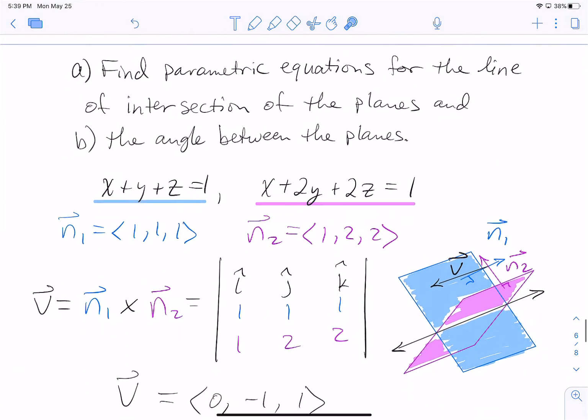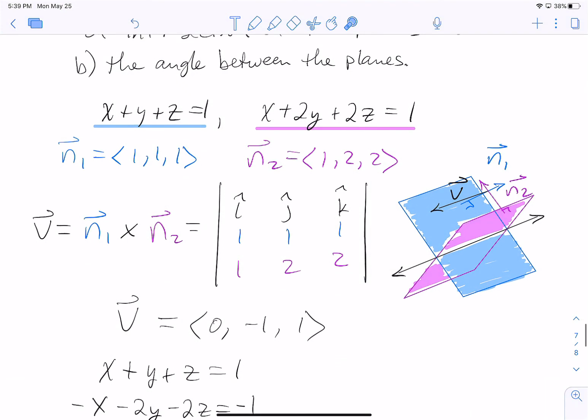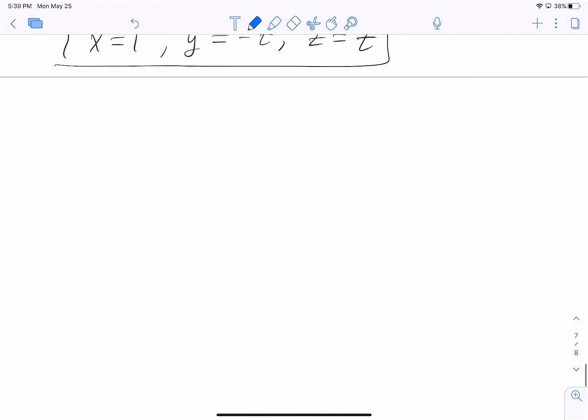Part B is the angle between the planes. Well, folks, the angle between the planes is going to be the same as the angle between the two normal vectors. And recall that the cosine of theta between two vectors is going to be, in this context, n1 dot n2 divided by the magnitude of n1 times the magnitude of n2.